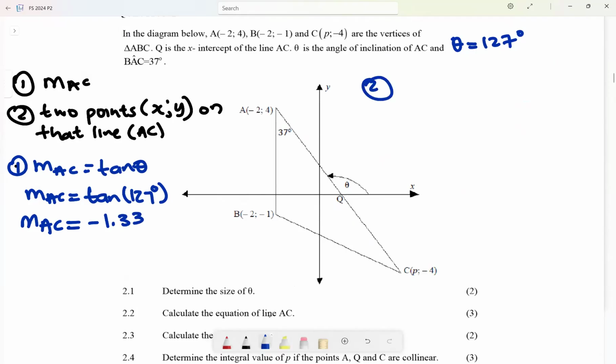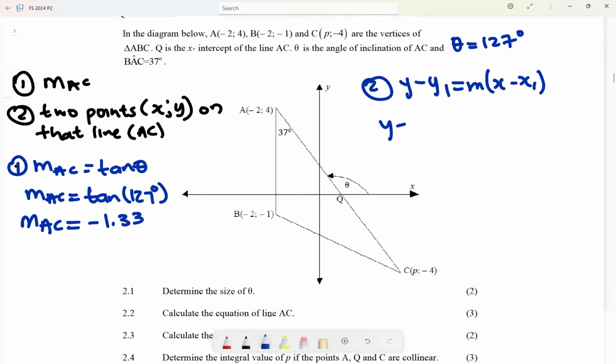Number 2 says I have 2 points. Yes, I can use this point again. If I have that point, I can say y minus y1, where this is x1, or any point, is equal to gradient into x minus x1.